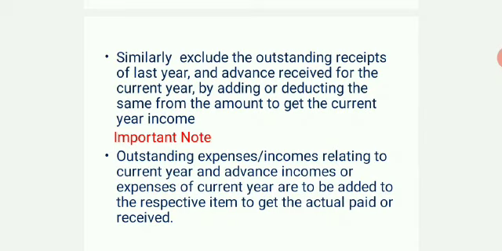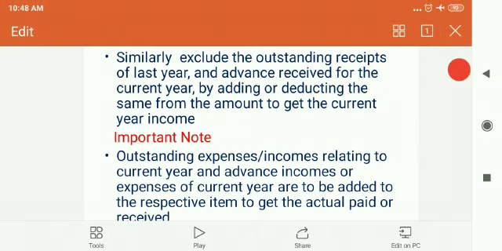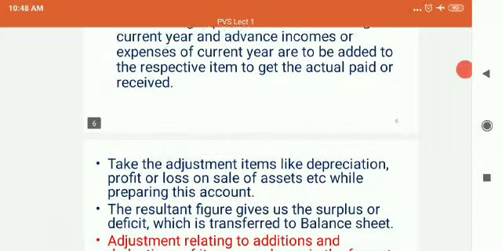Outstanding expenses and incomes relating to the current year and advance incomes or expenses of the current year are to be added to the respective items to get the actual amount paid or actual amount received.